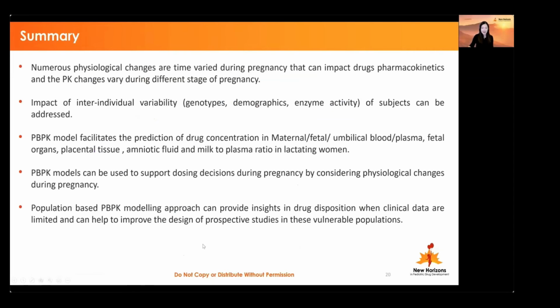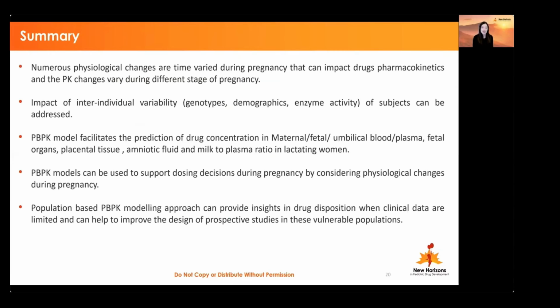So in summary, we know that there are numerous physiological changes that are time varying during pregnancy that can impact drug PK. And within the PBPK platform, we can assess the impact of individual variability, either due to genotype, demographics, or enzyme activity.